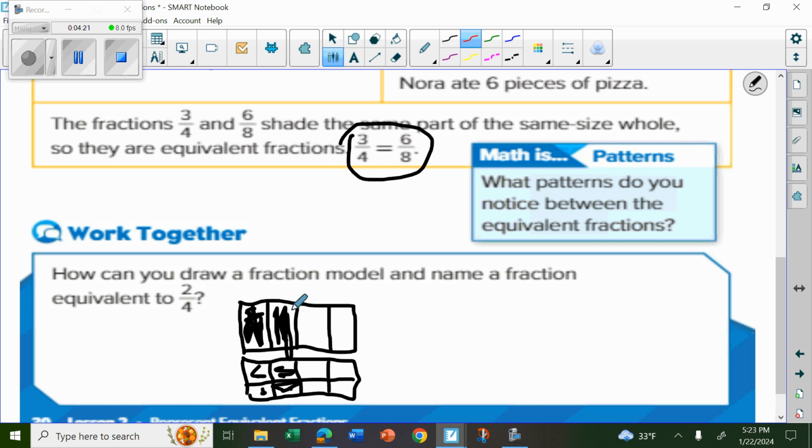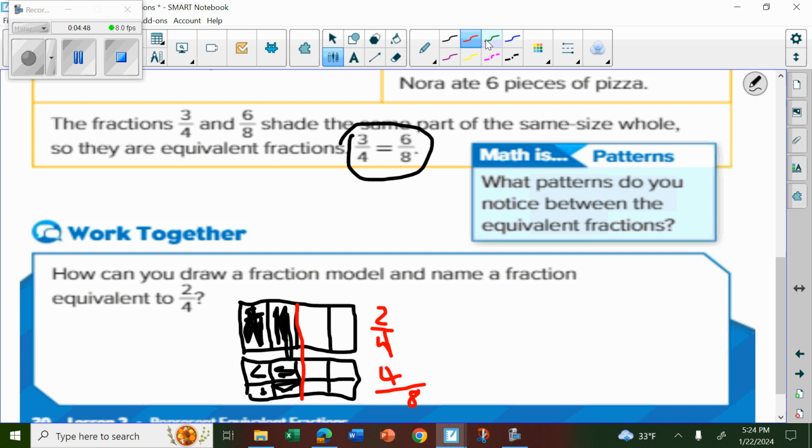These parts right here are equivalent, aren't they? But right here, this is 2/4. What's the fraction for this? 1, 2, 3, 4. That's how many are shaded out of how many? 8 total.